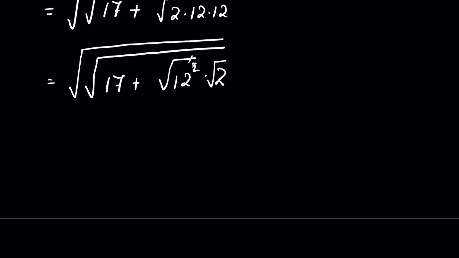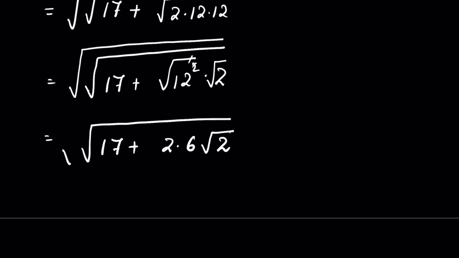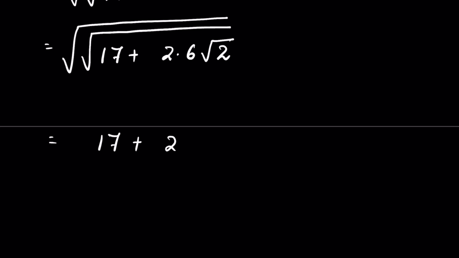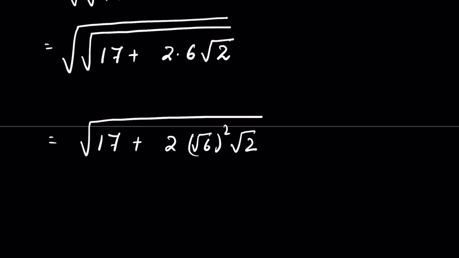Remove the square root with the square, so 17 plus 12 we can write as 2 times 6, times the square root of 2, or 17 plus 2 times the square root of 6 squared, times the square root of 2, under the square root.